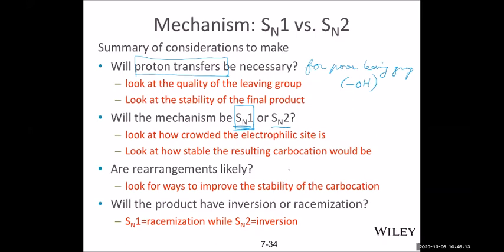Rearrangement always occurs in the SN1 reaction because it forms a carbocation. So with a tertiary carbon forming the carbocation, rearrangement will tend to give the tertiary carbocation, making it more stable.